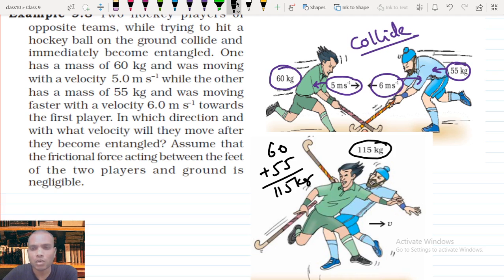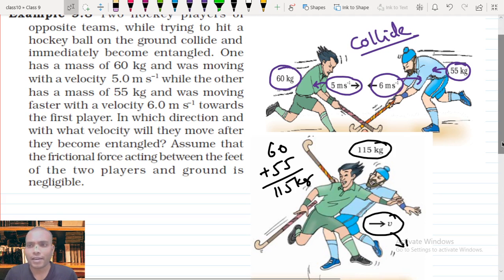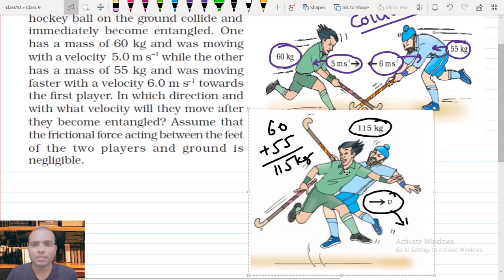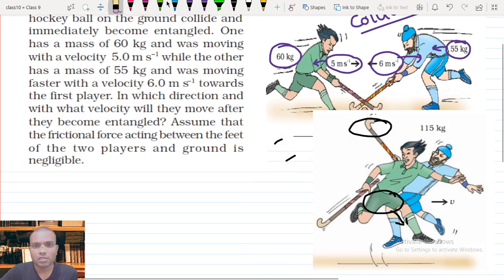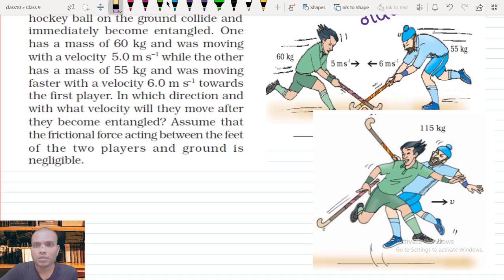This is the total mass, and we need to find the total velocity. Here V is the velocity after they are entangled together. What is their final velocity? That we need to find. We will use the law of conservation of momentum in this case: momentum before collision equals momentum after collision.